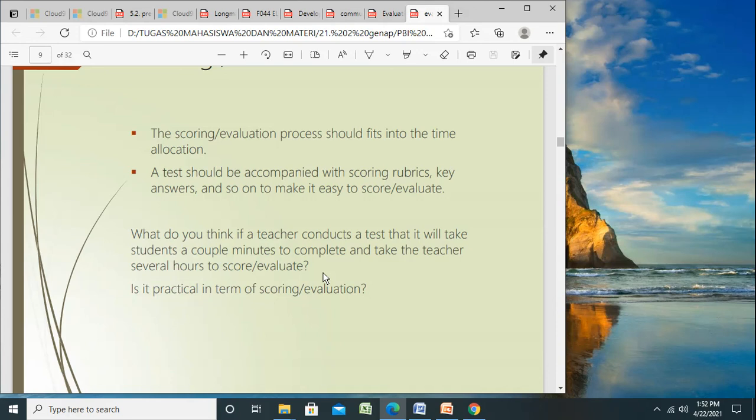Okay, students, after making some test items, the activity that you should implement is to make a scoring rubric. For example, there are three parts. The first part is multiple choice, the second one is essay, for example. So you have to make a rubric: how about if it's multiple choice, how about if it's essay items?